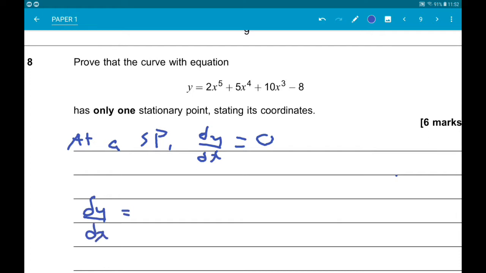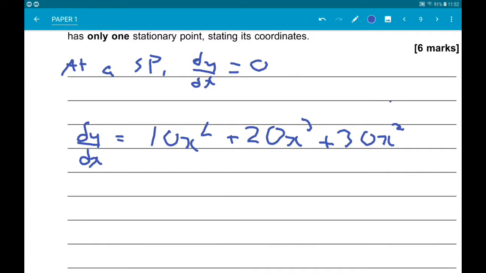So we're going to get 10x to the power 4 add 20x cubed add 30x squared. Okay, so now we're going to set that equal to 0.